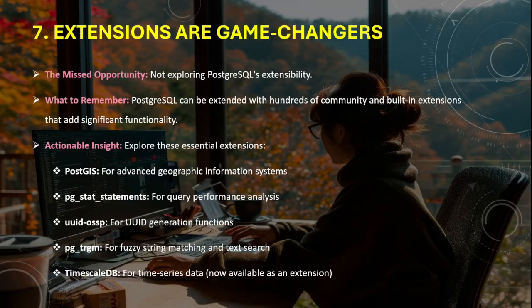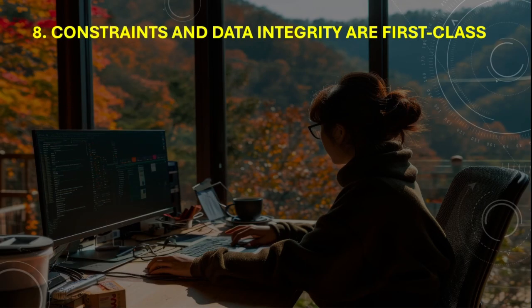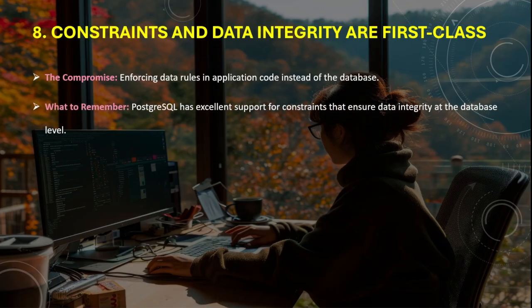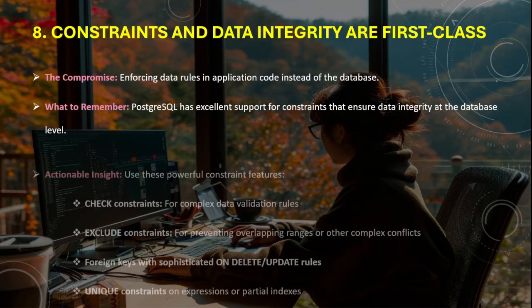Next thing to remember is constraints and data integrity. Stop enforcing all your data rules in the application code. Let the database do its job, because PostgreSQL supports various constraints and data integrity features that can make your life easy.